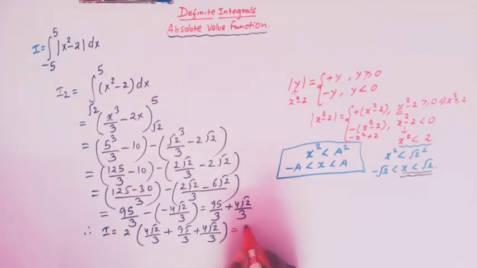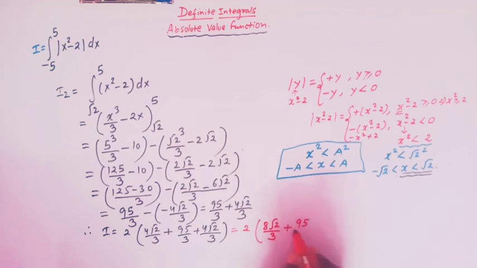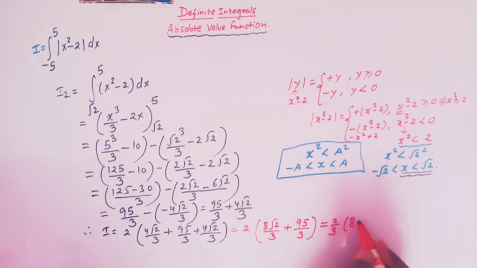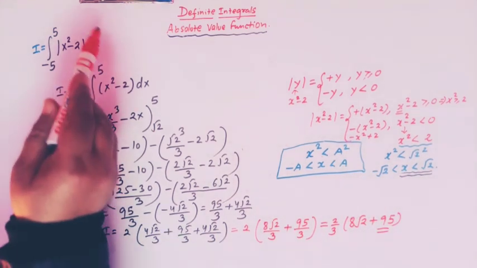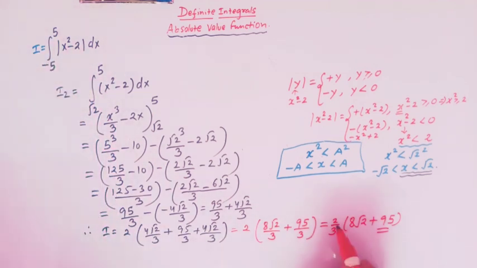So now we have 2, and 4 root 2 over 3 plus 4 root 2 over 3 is 8 root 2 over 3, and here we have 95 over 3, right? So now we can take 3 common here, so we have 2 over 3 times 8 root 2 plus 95, right? So viewers, the value of this integral is 2 over 3 times 8 root 2 plus 95.